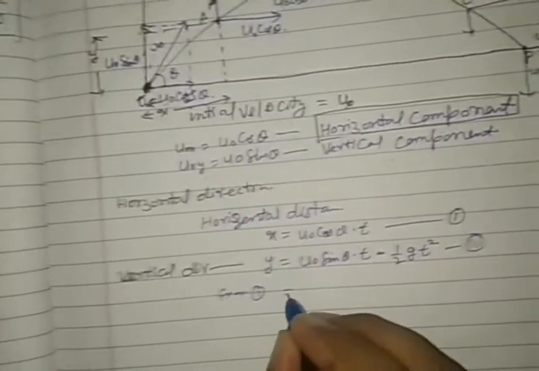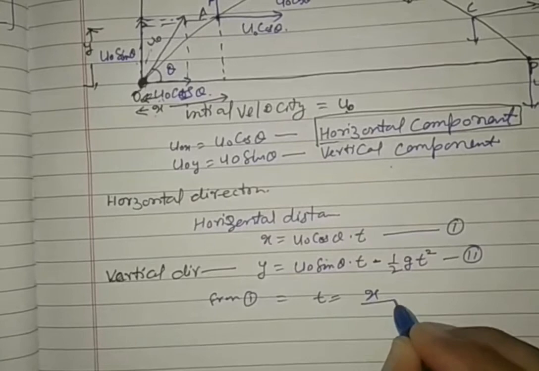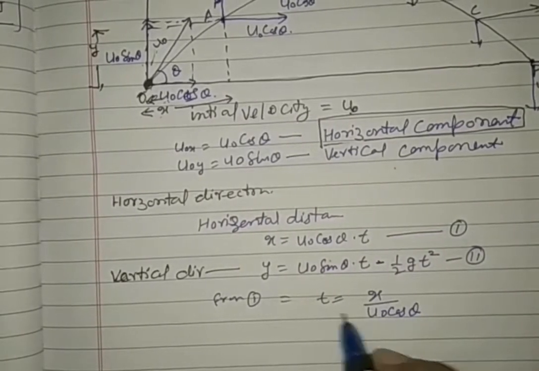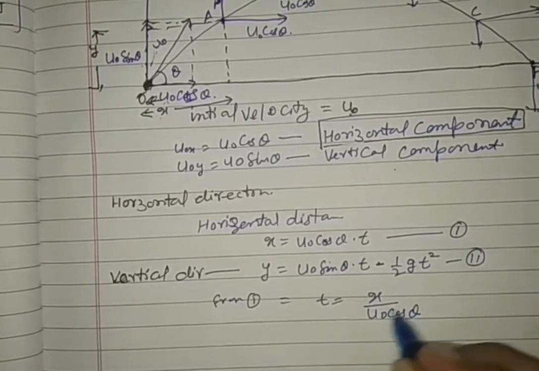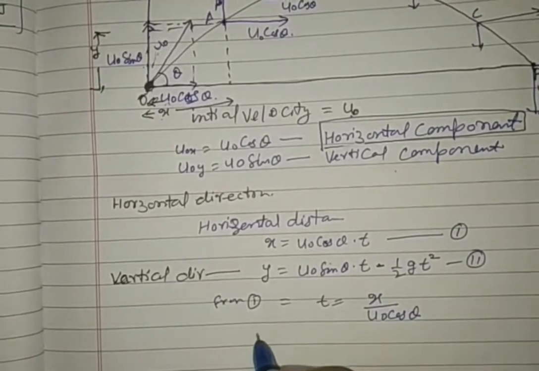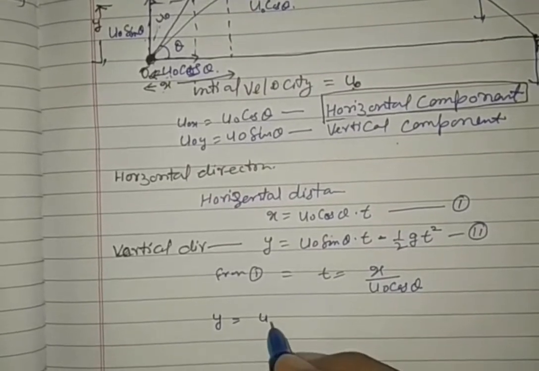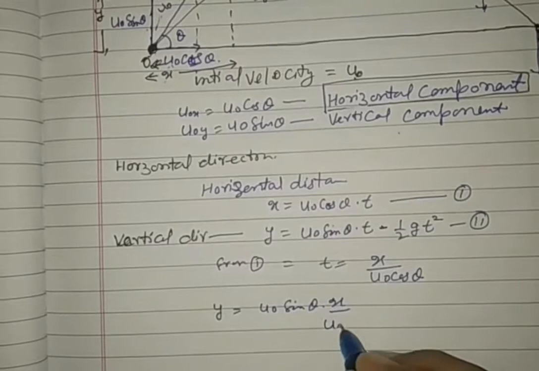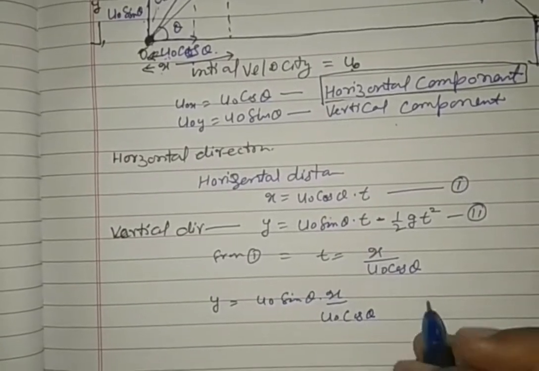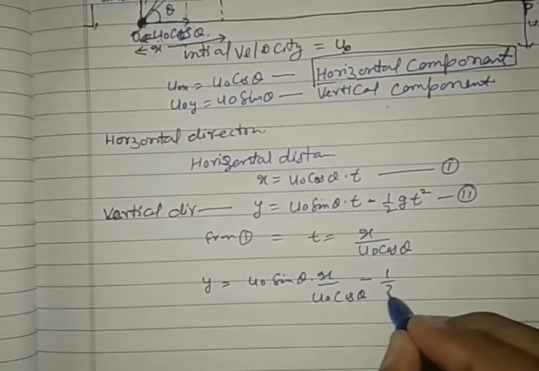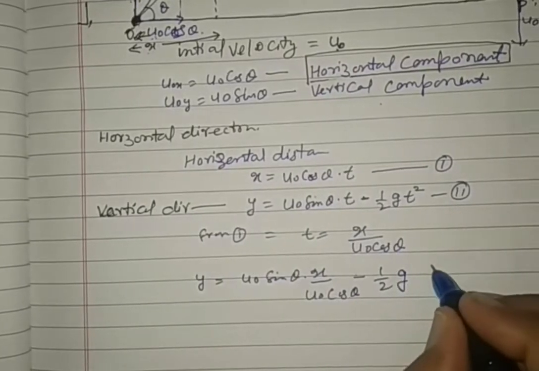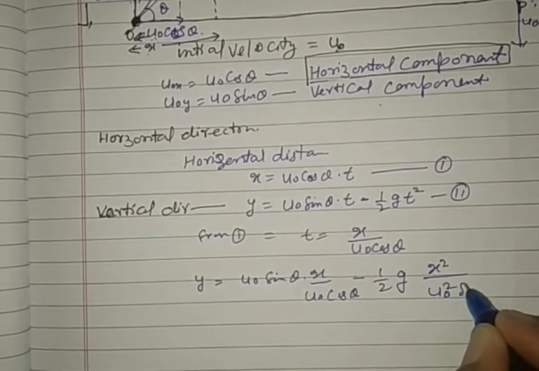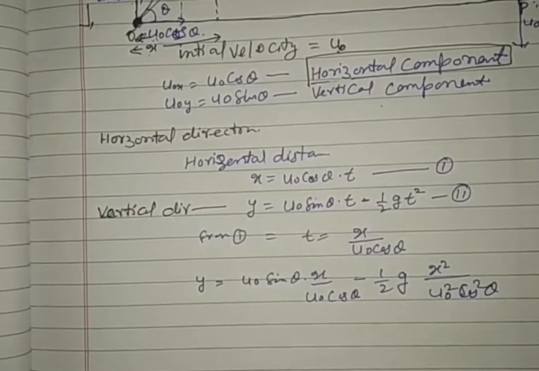From 1 we can write t is equal to x by u naught cos theta. Now putting the value of t in equation number 2, we may write y is equal to u naught sin theta into x by u naught cos theta minus half g into x square by u naught square cos square theta.